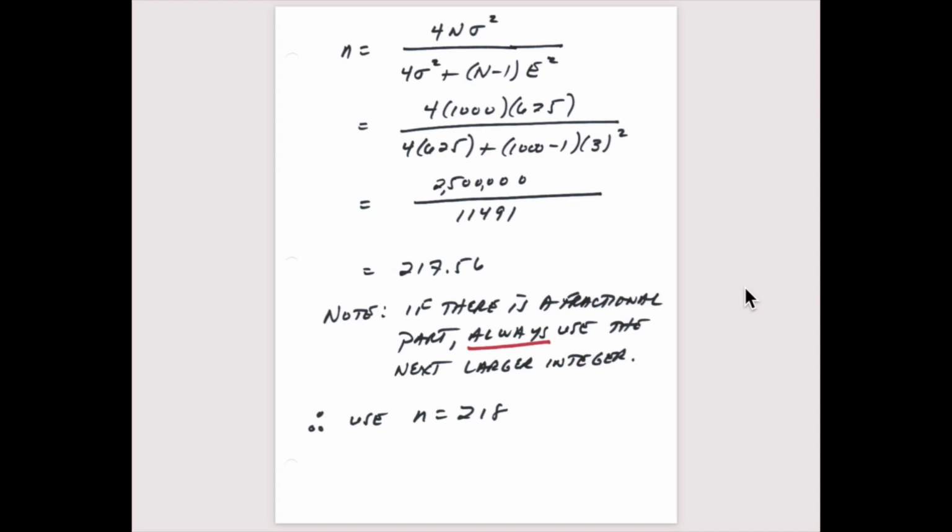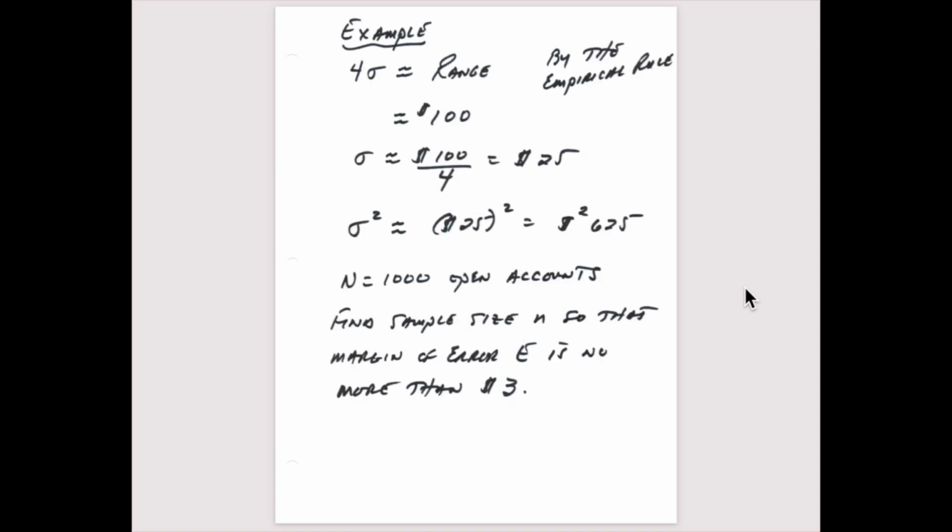And one way to do it, as we've seen here, is to use the empirical rule, which tells us that the range of values taken on in the population is roughly equal to 4 times the population standard deviation. Now, we could use Chebyshev's rule, but if we use the empirical rule, that's actually, I think, better, because that's going to give us a more conservative value for the population standard deviation, and therefore it should help us to ensure that the margin of error is no more than the desired level.